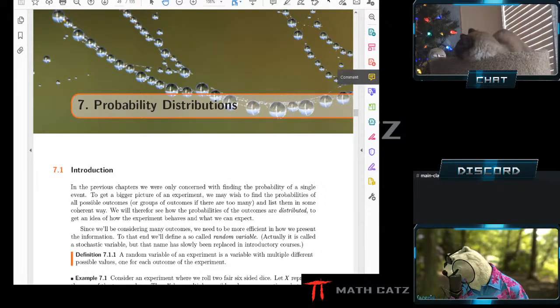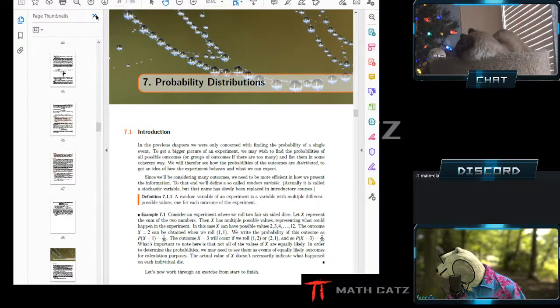Hello, everybody. Welcome to our continued discussion on probabilities. We have a little bit more to do, but not a lot.